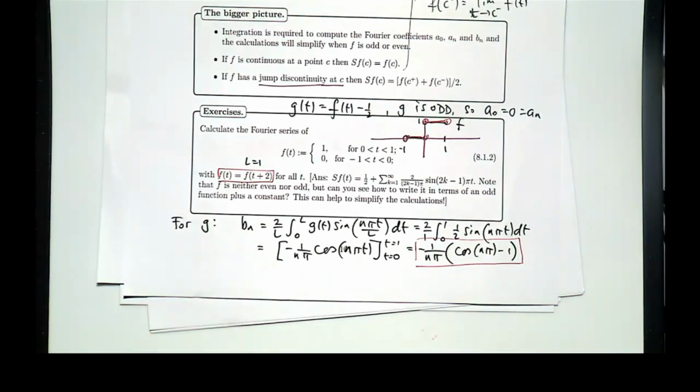So how can we simplify this? It goes back to ideas that we looked at before. Cos n pi, where n's an integer, n equals 1, 2, 3, 4. How can I simplify that?